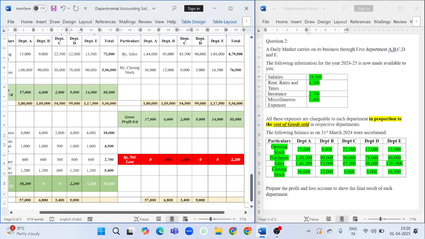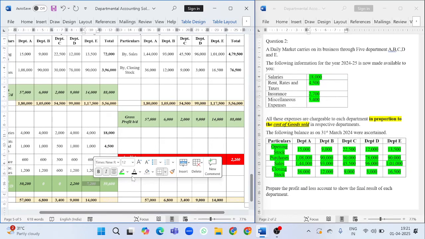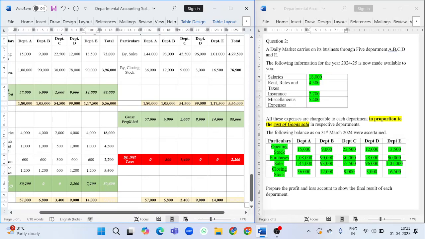And now the last department, department E, again the credit side total is more, 14,000 I am getting, and the same 14,000 I will write on the debit side. And now when I subtract 4,000, 1,000, 600 and 1,200, I will get 7,200 rupees.